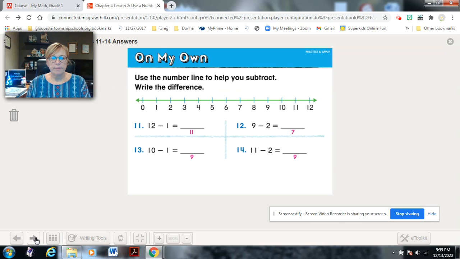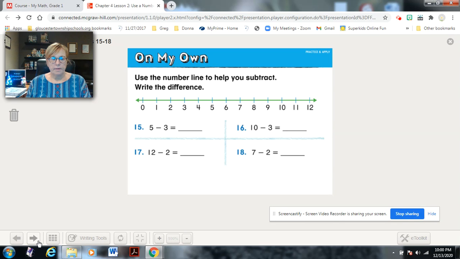Pause if you need to check them. And some more. Use the number line, pause, and solve. And here are your solutions.